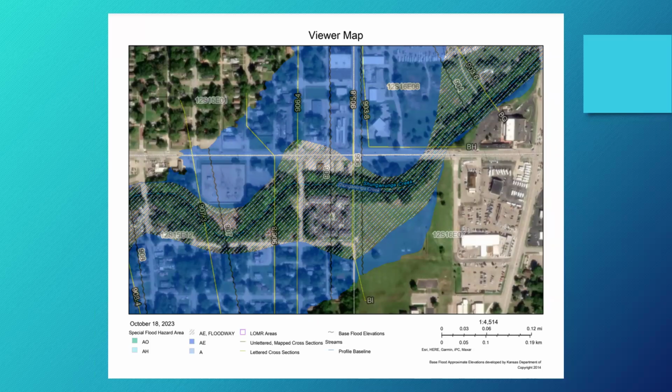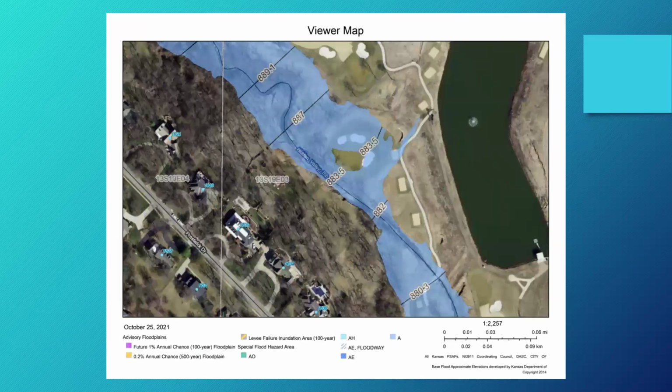Any of those are acceptable. It's just the different formatting here. But we have all the same information, all the cross sections and everything are available. And then we do have, again, the approximate base flood elevations for the Zone A, which is not available through FEMA and their formatting.